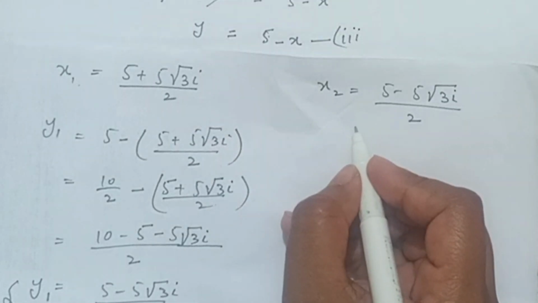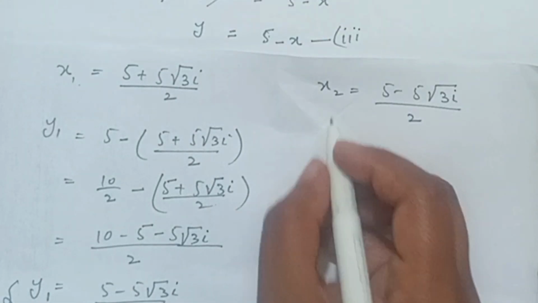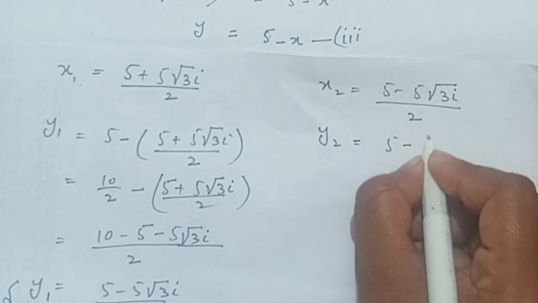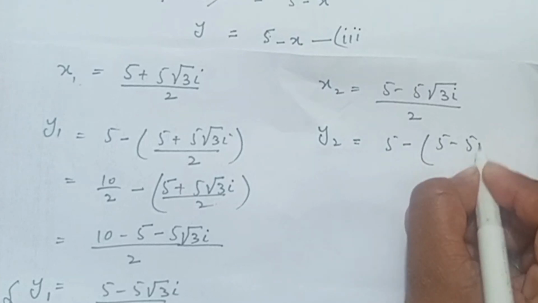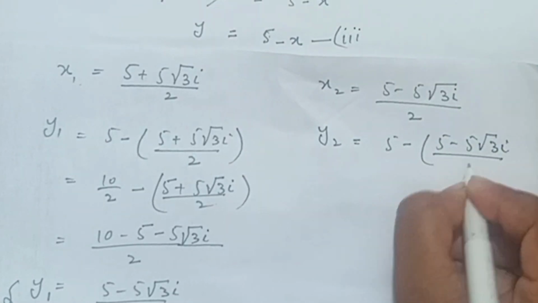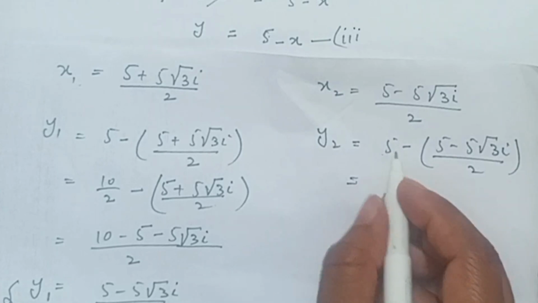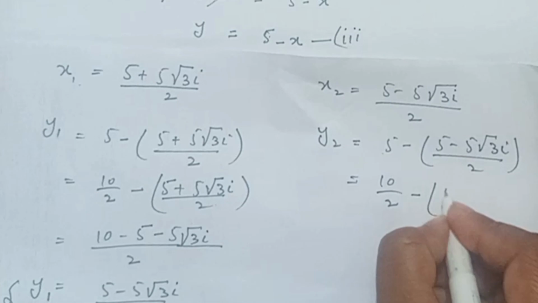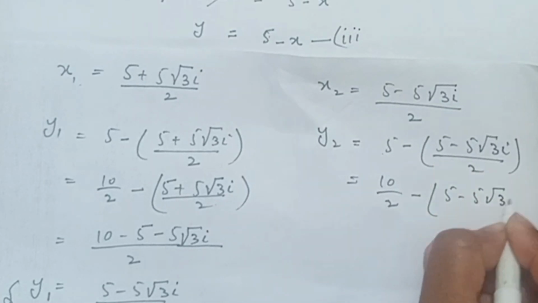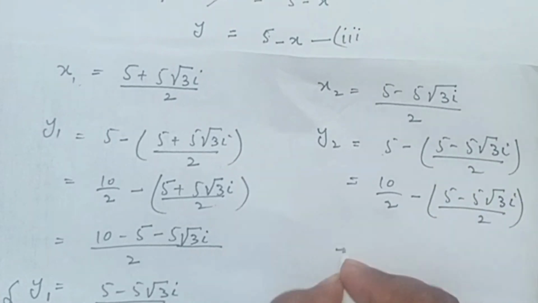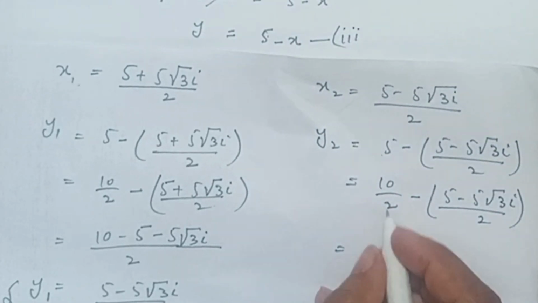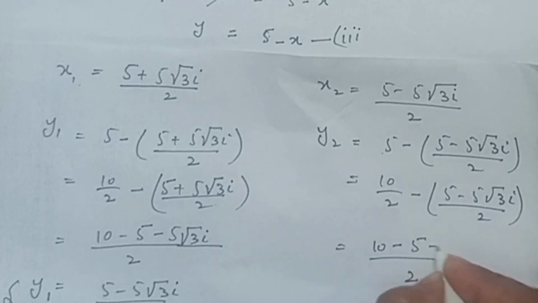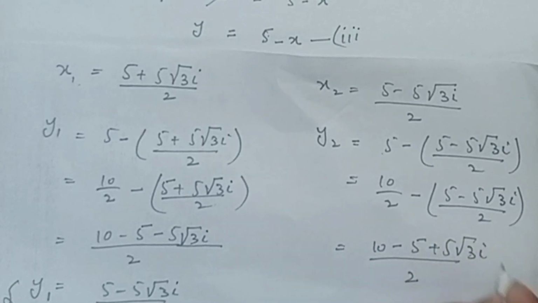And now we use this and find the value of y2. This is our equation 3, y2 is equal to 5 minus x, which is 5 minus 5 times square root 3 iota over 2. We write this 5 as 10 over 2, and we copy the remaining value. Now in the next step we take the LCM, and the denominator is 2, and the numerator is 10 minus 5 plus 5 times square root 3 iota.